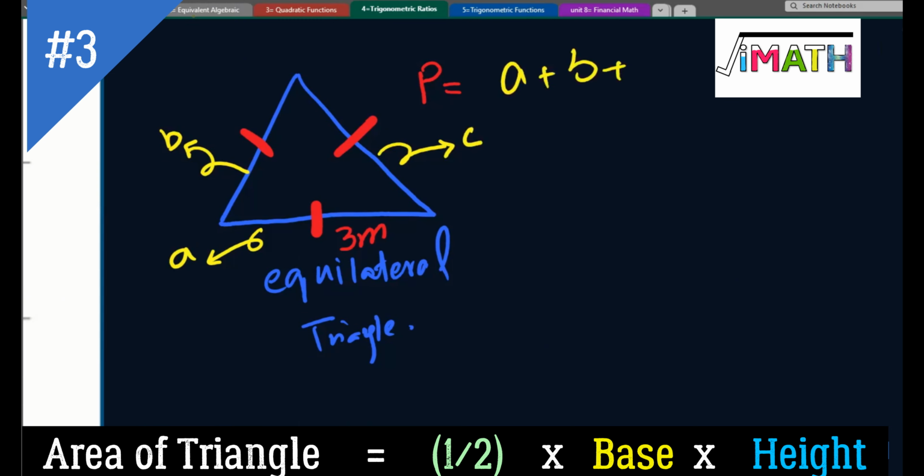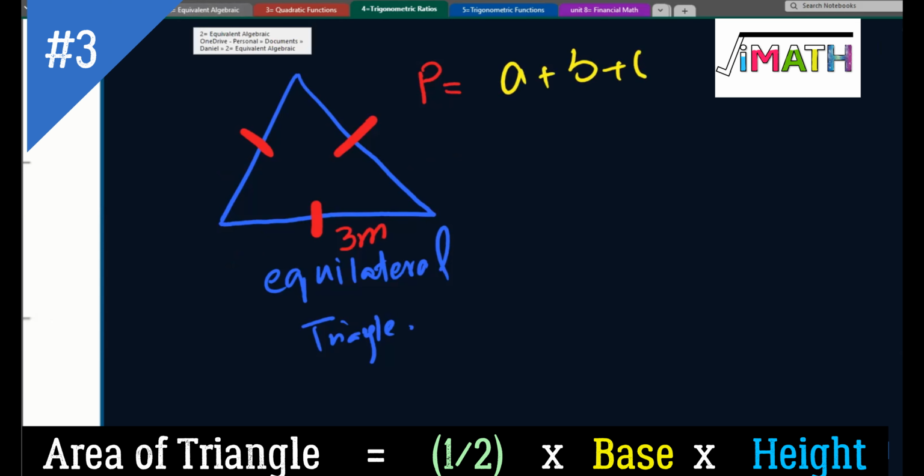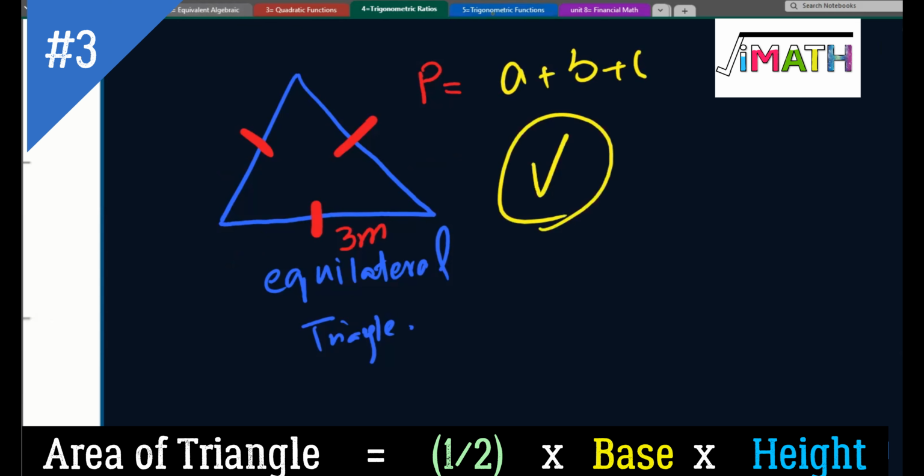9. Perfect. So why do you think it's 9? The other sides are not given, by the way. There is a length of one side only. Because they gave us the length of one side.